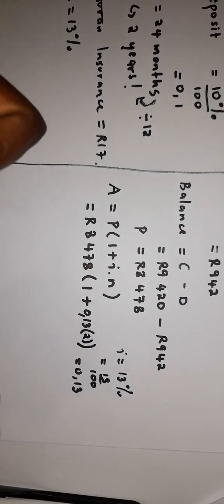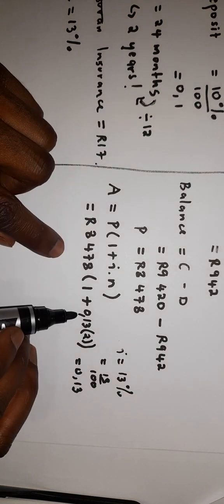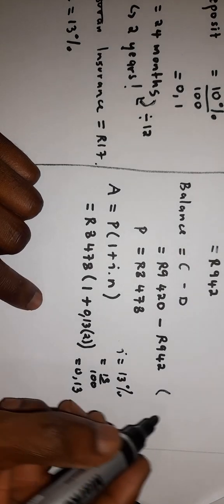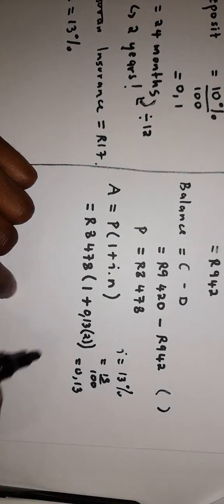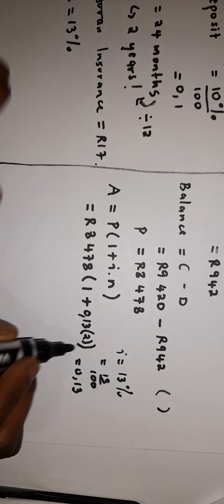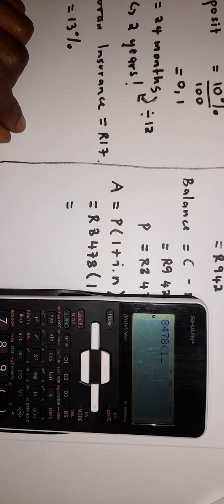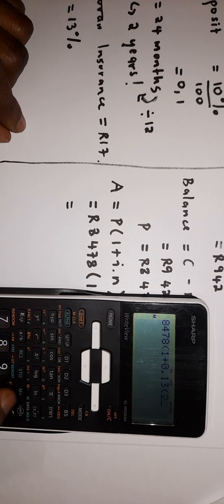Furthermore, 0.13, our n is 2. Right, be careful of the number of brackets that you open versus the number of brackets you close. We have 2 brackets opened, so it means I also need to close with 2 brackets. I have 1 here, I have another 1 here. Right, a quick calculation, grade 10s, will give us 8478 multiplied by (1 plus 0.13 multiplied by 2).